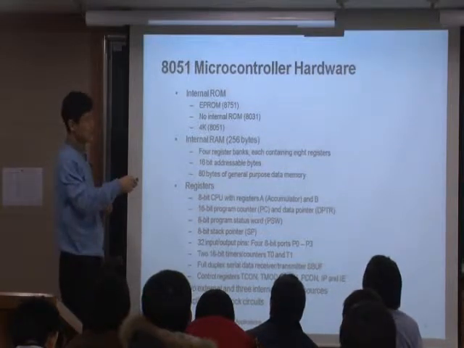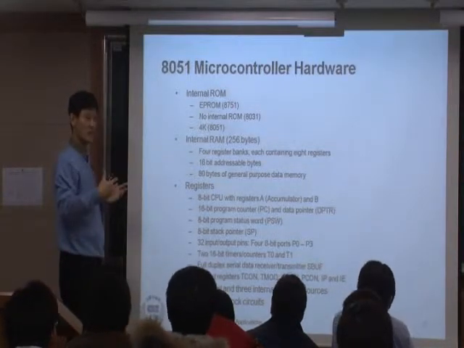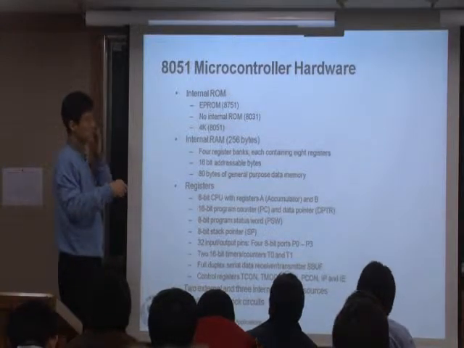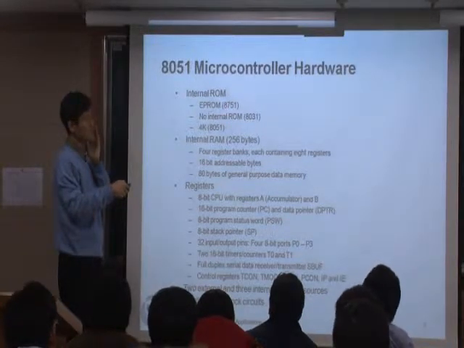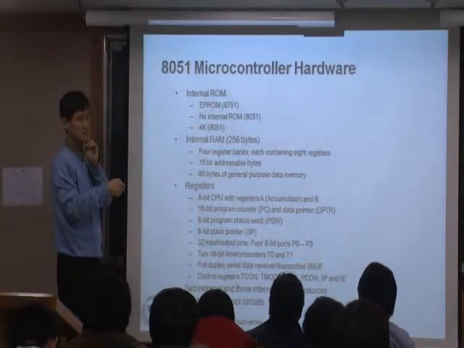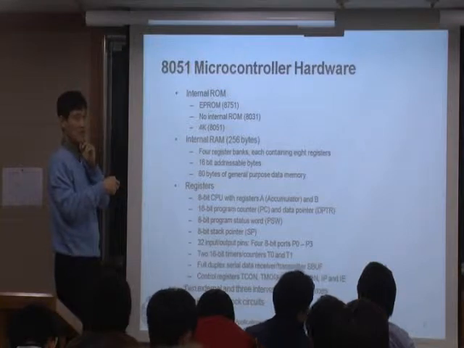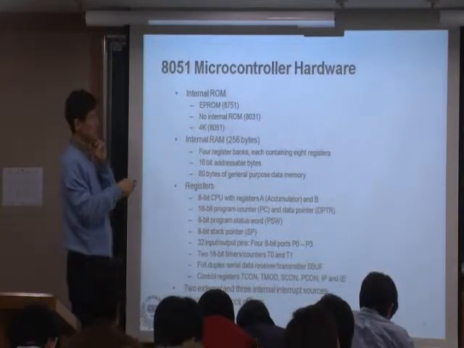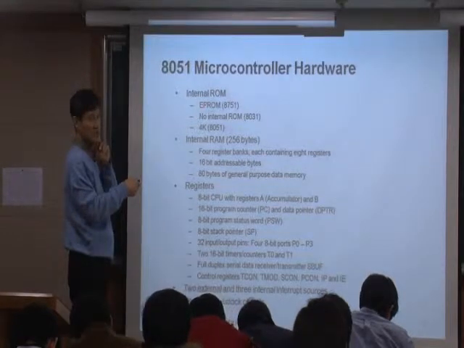Similarly, this one is another family. The only difference between this one and the others is that this one, 8751, has EPROM. What is EPROM? Erasable ROM. E means erasable, and P means programmable.